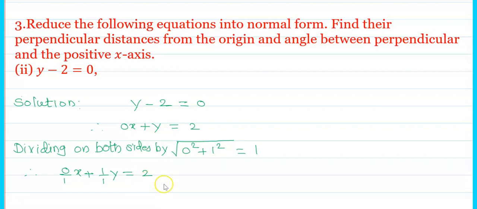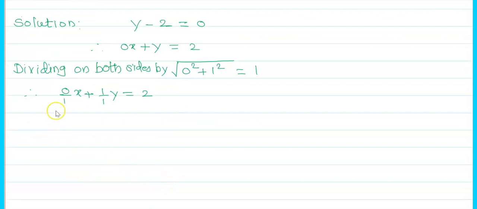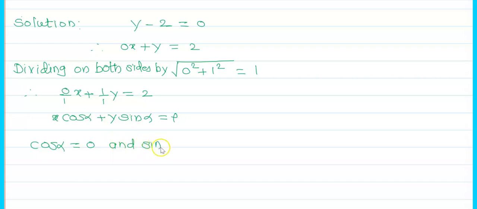Now we'll compare this equation with x cos alpha plus y sin alpha equals p. First the angle: cos alpha equals 0 and sin alpha equals 1. Therefore it's clear that alpha equals 90 degrees.